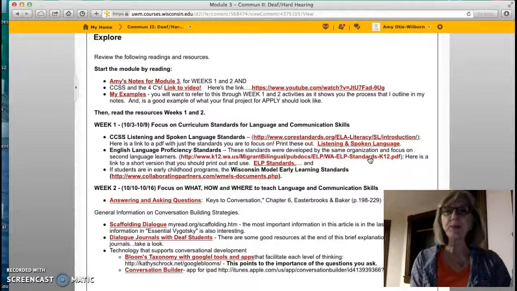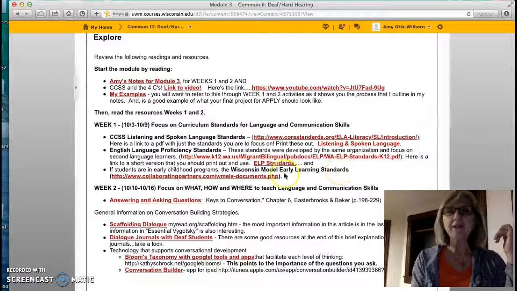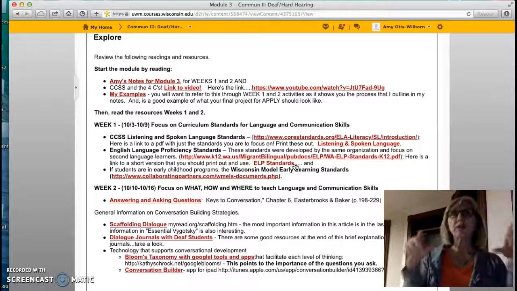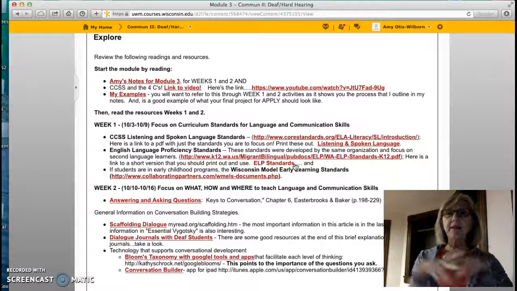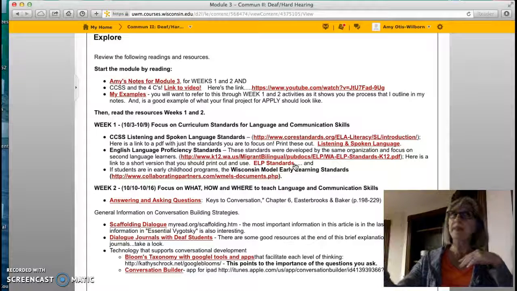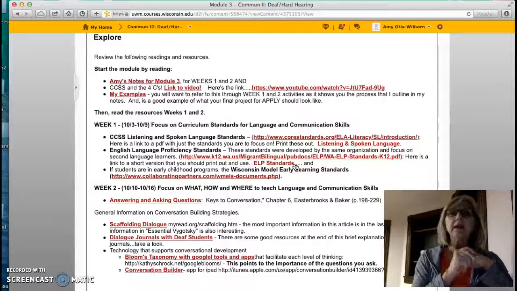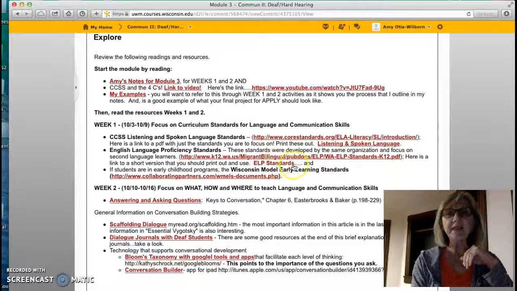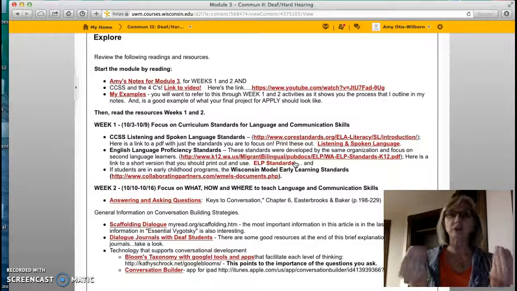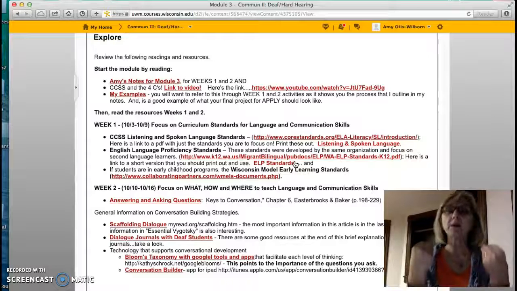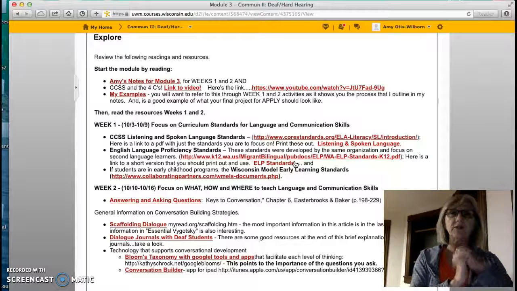I don't expect you to read the whole thing, but I have this file here, ELP Standards. This is a file that has a snapshot of all of the goals that are expected K through, I think they go all the way through K-12. So print this out, the ELP standards, and you'll have 2 sets of standards that you can actually refer to that will help you with identifying and creating goals for students.